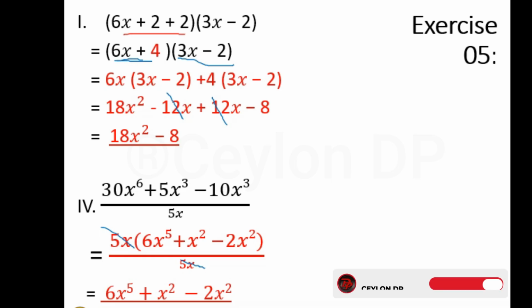Answer is 6x power 5 plus x power 2 minus 2x power 2. This is the final answer.